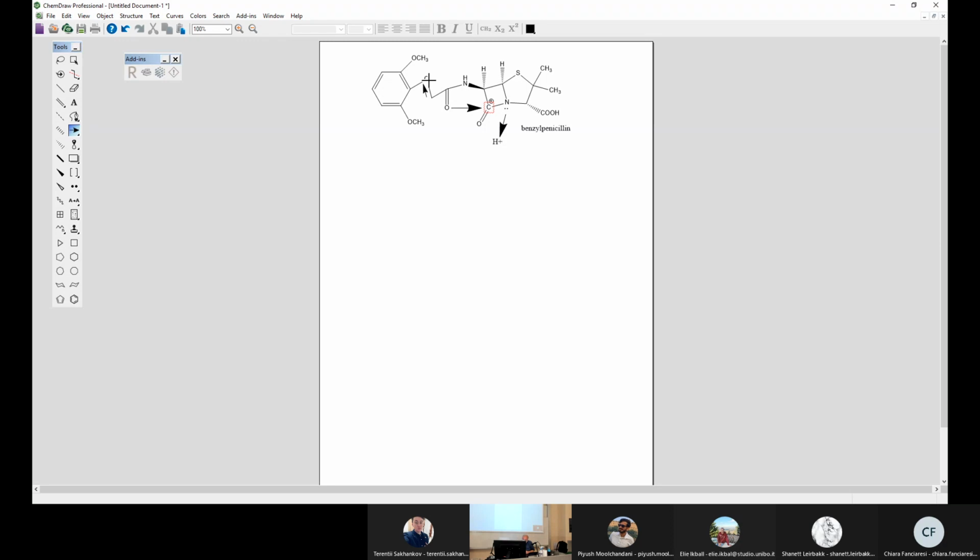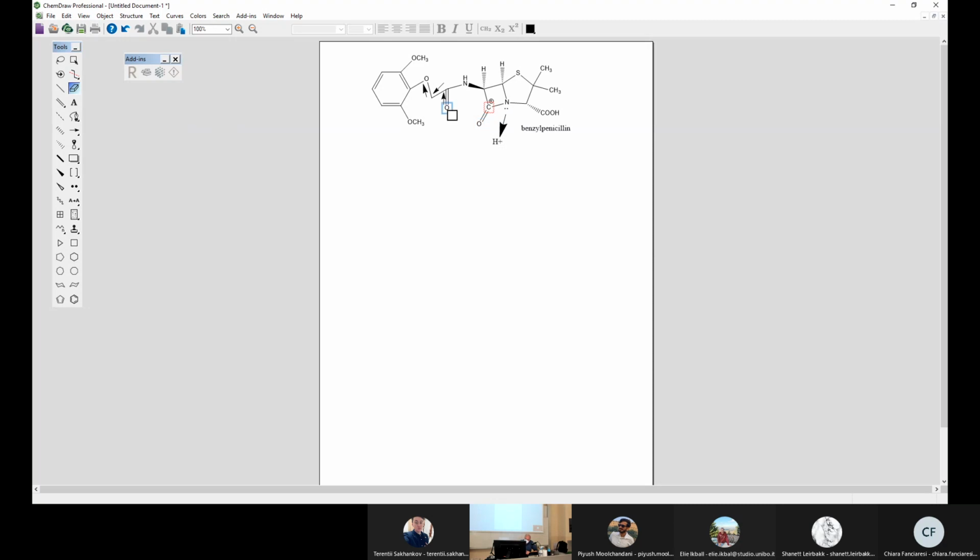The presence of this more electronegative oxygen can decrease the total negative charge of this oxygen of the exocyclic amide function.